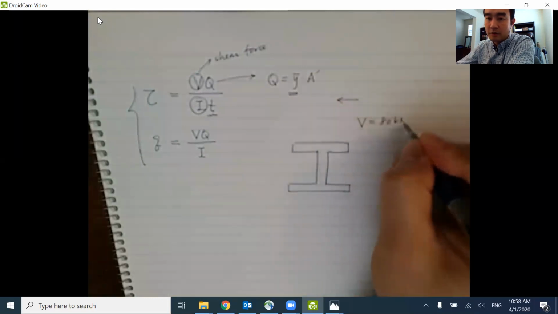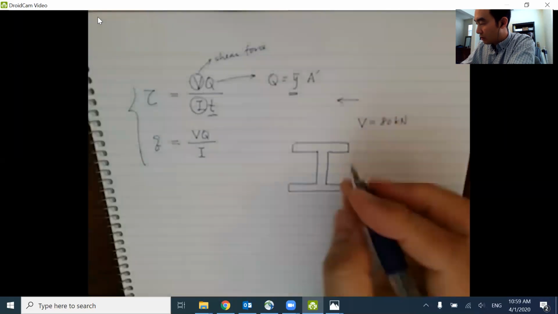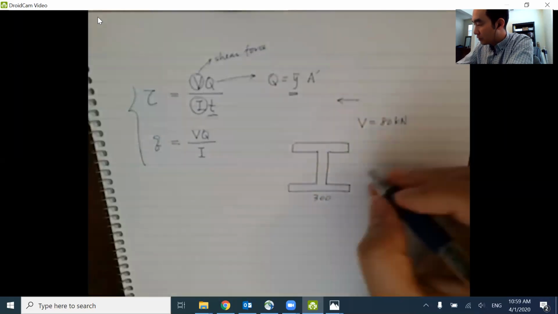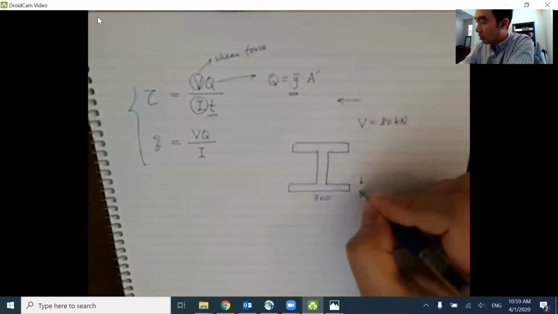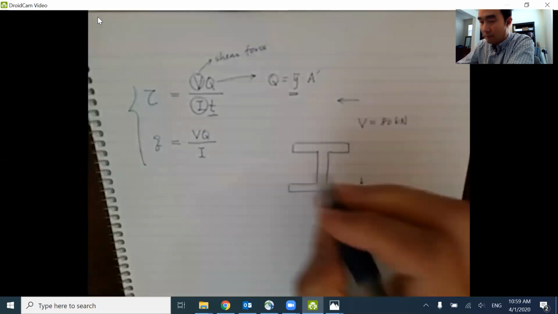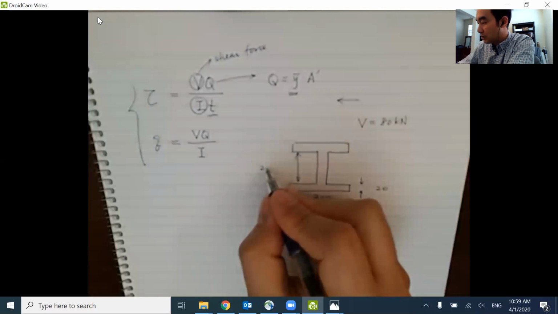The dimensions for this W-shaped section are all given. The width of the flange is 300 millimeter. Thickness of the flange, which is this thickness, is 20 millimeter. And the gap between the top and the bottom flange is 200 millimeter. And this is, by the way, a doubly symmetrical section.